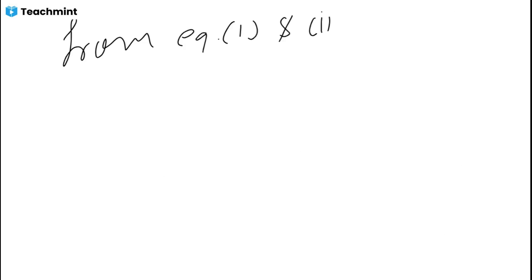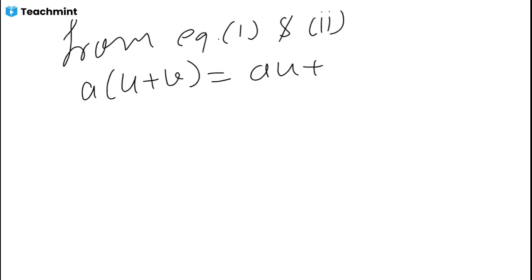So we can conclude from equations 1 and 2 that a into (u plus v) is equal to au plus av. So the first distributive property is satisfied.